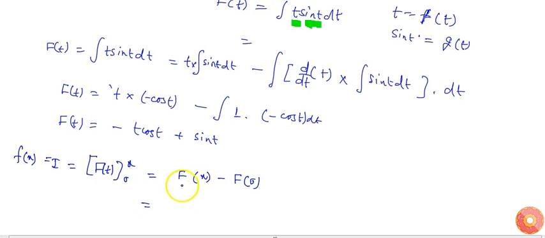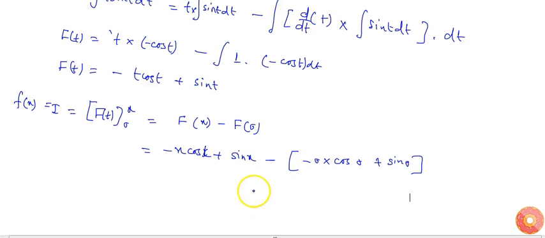So if I put the value of t, which is x, then I'll get minus x cos x plus sin x, minus, if I put 0 here, I'll get minus of 0 into cos 0 plus sin 0.